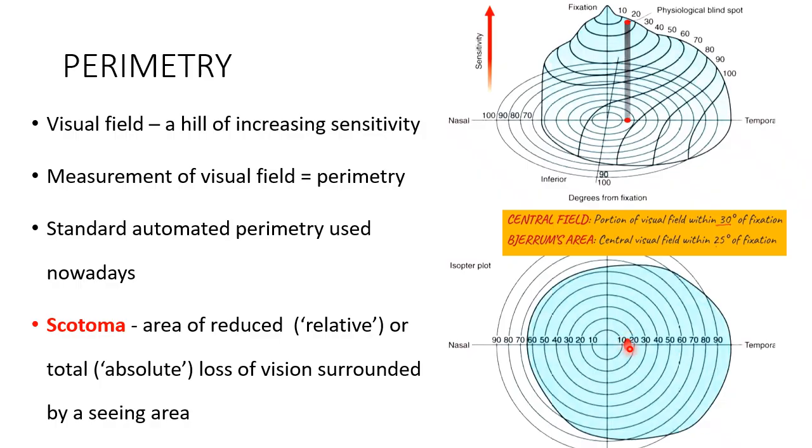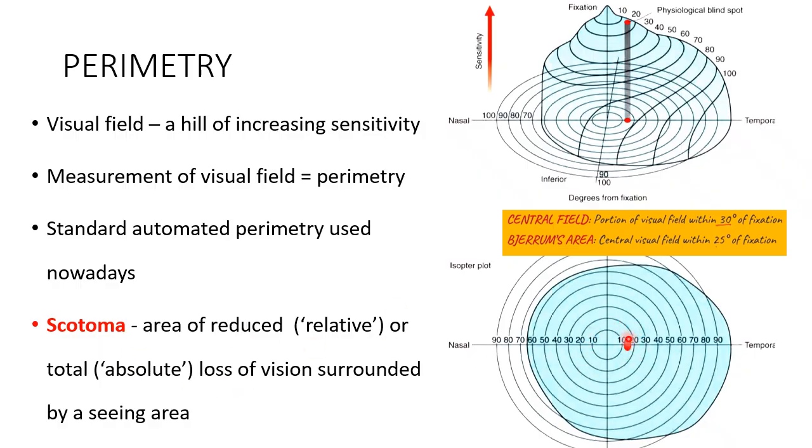That is the physiological blind spot or the physiological scotoma, and it corresponds to your optic disc. You know that the optic disc is a blind spot because there are no rods and cones over there, right? So this is the blind spot, just temporal, 15 to 20 degrees temporal to fixation. Remember.